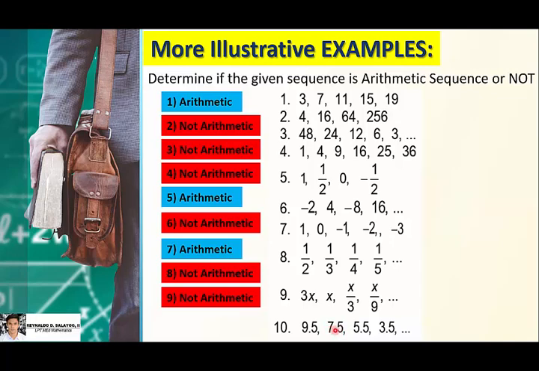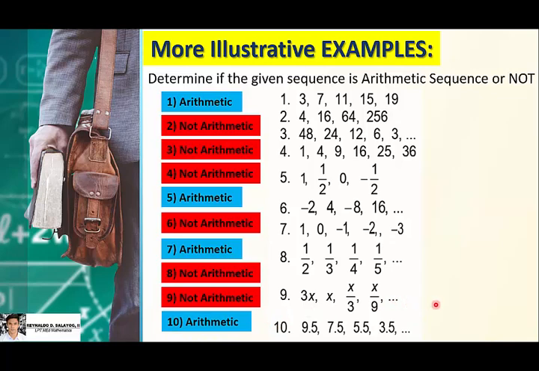So 7.5 subtracted from 5.5, then our difference is again negative 2. For this, we got here 5.5, we subtract that from 3.5, again we will obtain a difference of negative 2. Obviously, we have a common difference for item number 10. Therefore, this item number 10 is an example of what we call an arithmetic sequence.